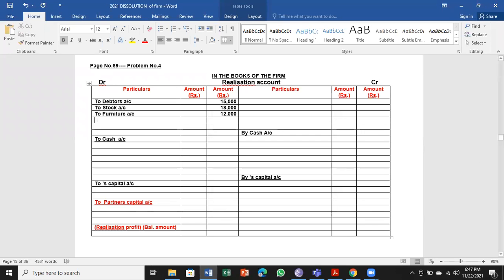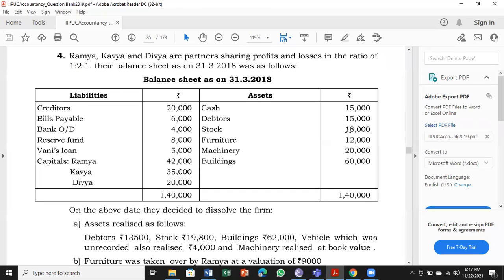So that also will be debited to machinery account 20,000 to buildings account 60,000. So we have transferred all the 5 assets that we had in the balance sheet to the debit side.